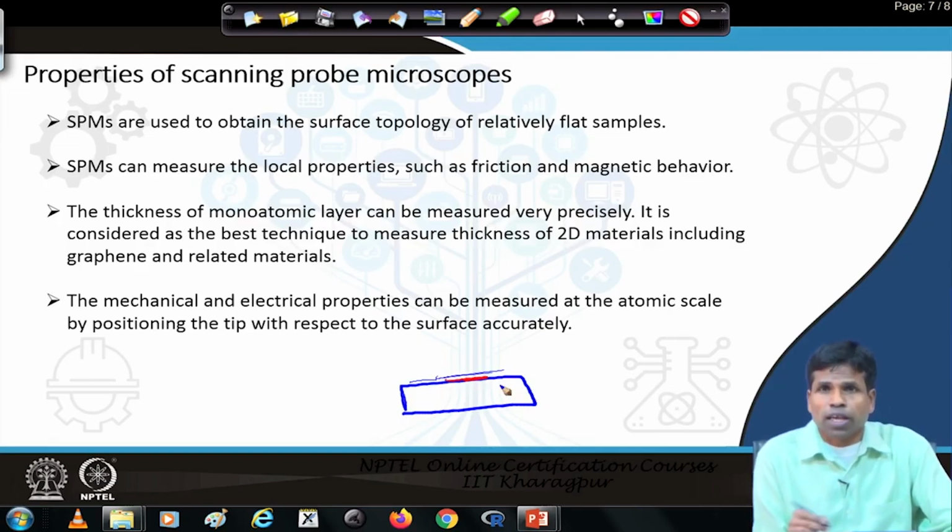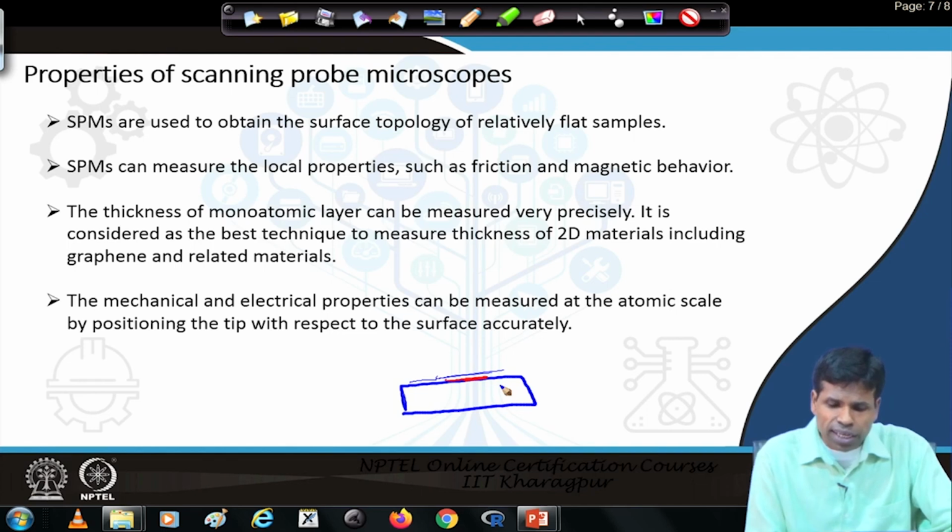Monoatomic means one atom, and our one atom at the tip scanning will allow us to provide the exact thickness of the monoatomic layer, or whether it is a diatomic layer or triatomic layer, like with graphene, whether it is single layer graphene, double layer graphene, or triple layer graphene, all these thicknesses can be measured very precisely and accurately using this technique.